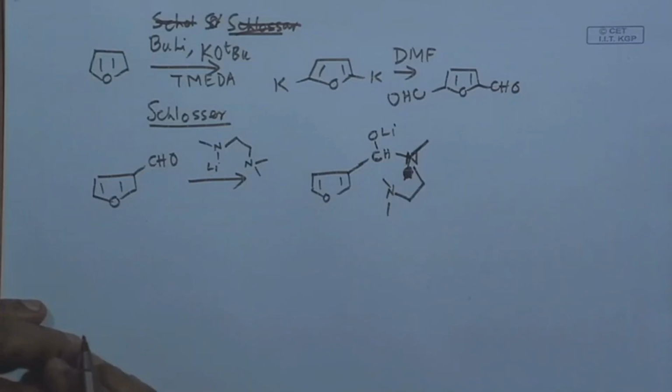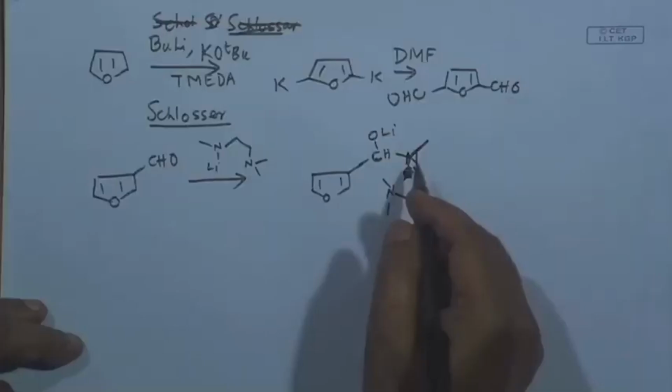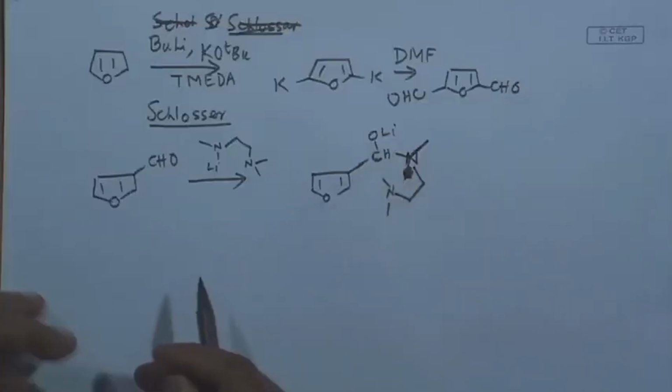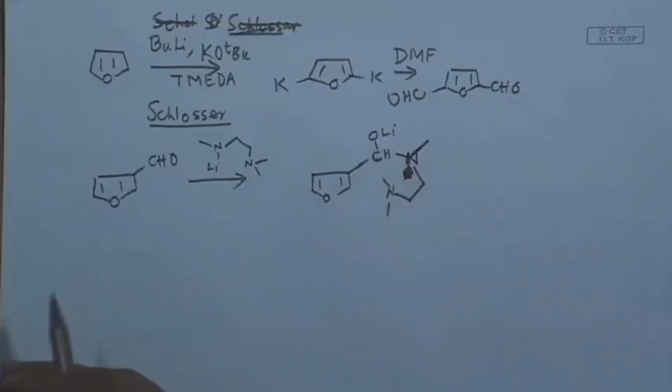So, it undergoes nucleophilic addition. This is like if you take the morpholine anion, nitrogen anion, that also undergoes addition to the carbonyl group. So, it forms this sort of geminal oxygen nitrogen compound or intermediate.